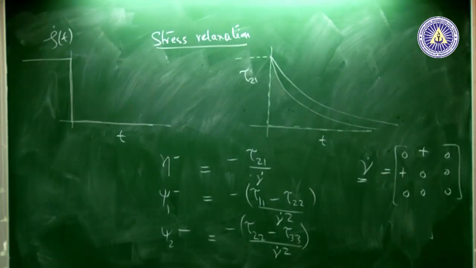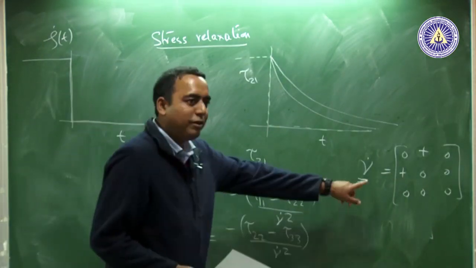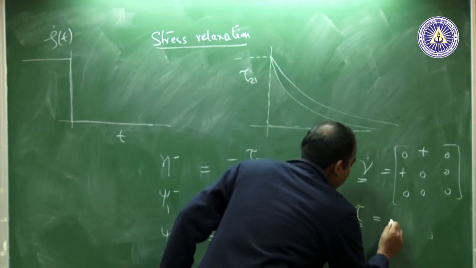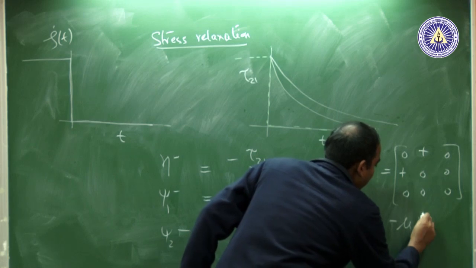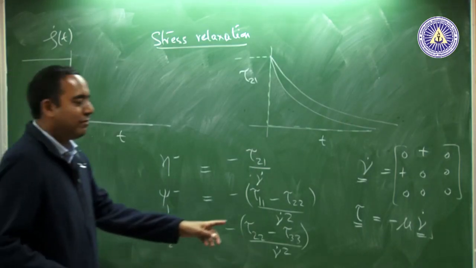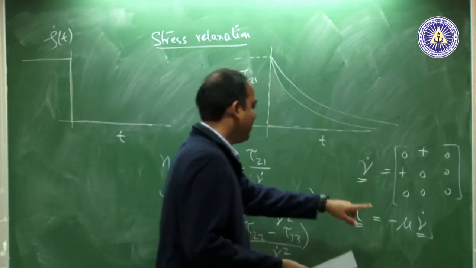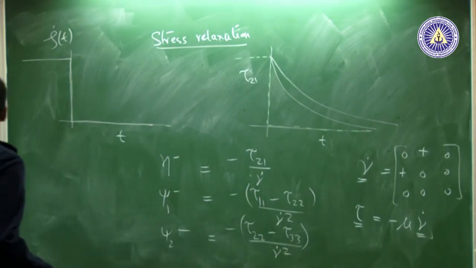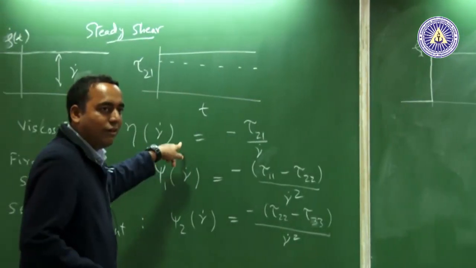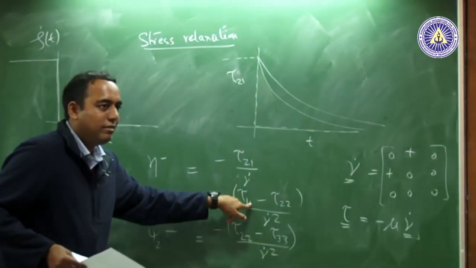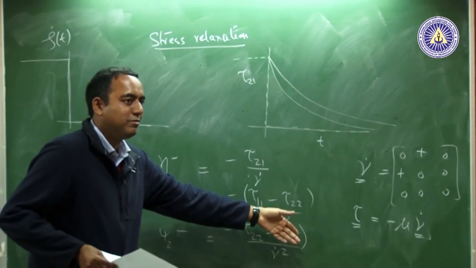This was your question. Well, so for a Newtonian fluid, you just have tau proportional to gamma dot. Your thing is right in the sense that if you take a Newtonian fluid and impose the steady shear, if you take differences of these, they will just be equal and they will both be 0.